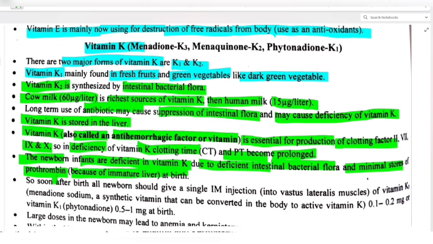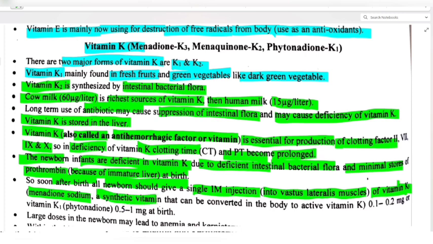So soon after birth, all newborns should be given a single intramuscular injection into the vastus lateralis muscle of vitamin K3, that is menadione sodium. So vitamin K3 we are giving, right?